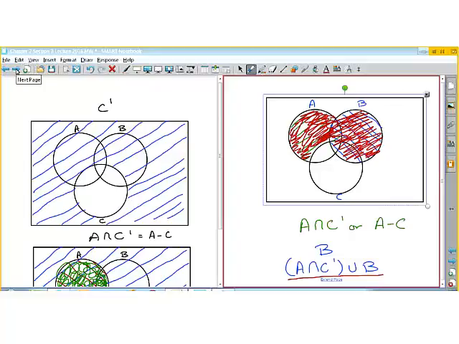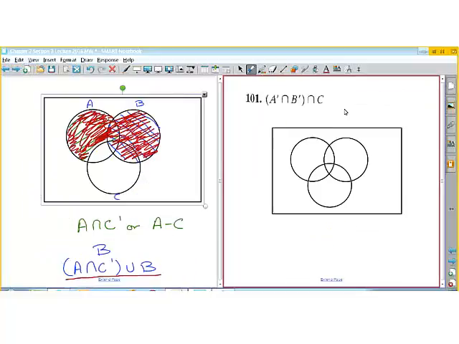Let's look at another. We're going to do a few of these because it's not obvious the first time you do it. Okay, so here we have the complement of A intersect the complement of B intersect C. Again, in math you want to make things as easy as possible. So one thing we can do to make things easy is use this result.